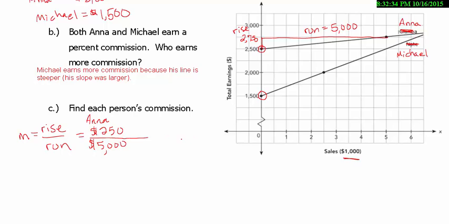We're looking at 0.05, but the question is talking about this as a percentage. So that means that Anna makes 5% commission, and she is able to keep 5% of whatever she sells.